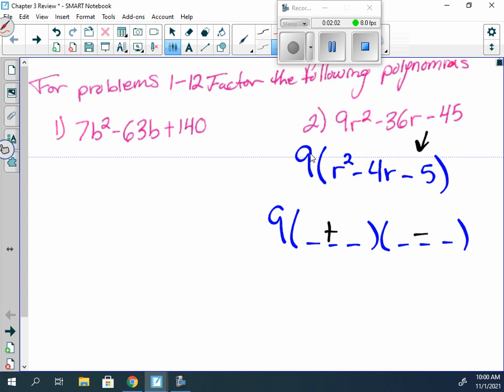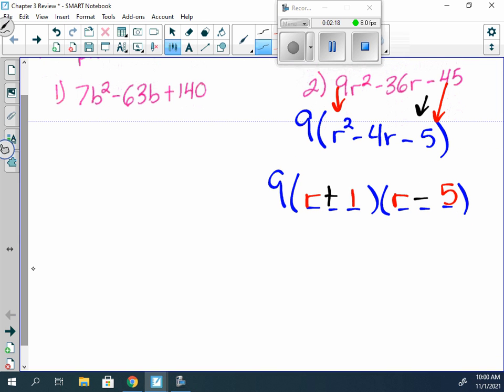So that brings us to the factors of the first and third term. Well, the factors of r squared are r and r, and the factors of 5 are 1 and 5. Then we will check it just to make sure we got the correct factors. Well, r times negative 5 would be negative 5r.